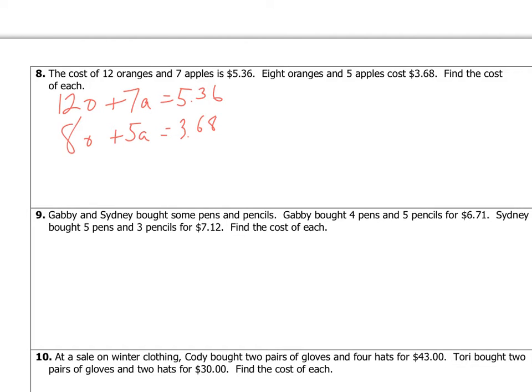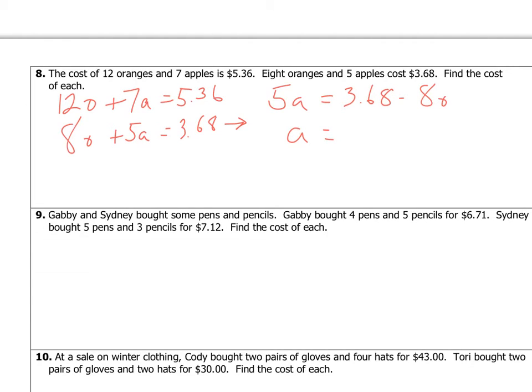Again, I think substitution is a little bit more challenging because we get some bad numbers. But in an effort to prove to you that it really does work, we can do this here. So pick an equation, and then let's solve it. I'll choose to solve this equation for A. So 5A equals 368 minus 8O. And then I'll probably use some decimals here, guys, so don't be alarmed.